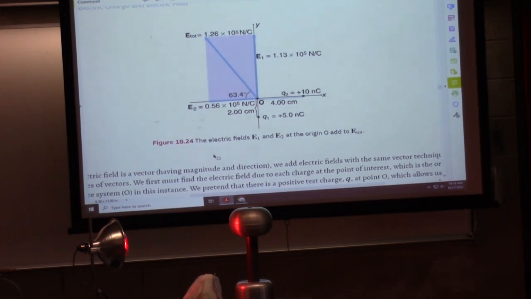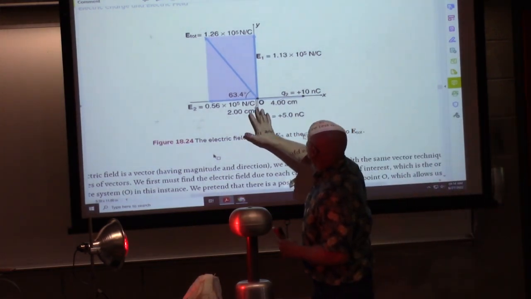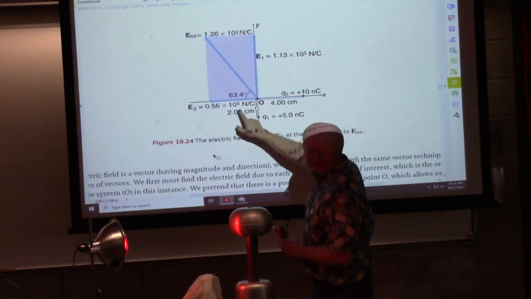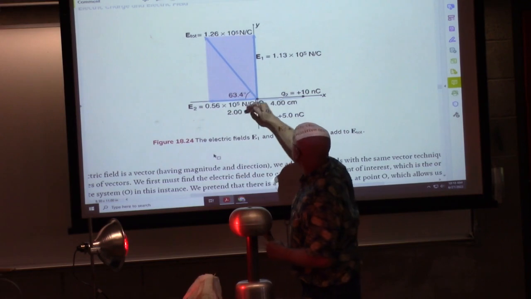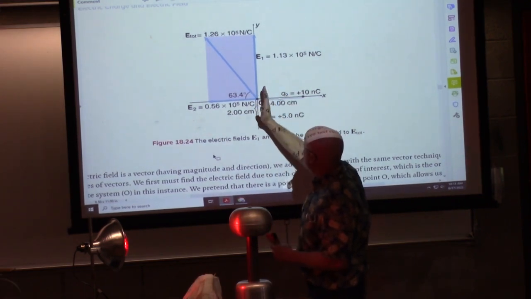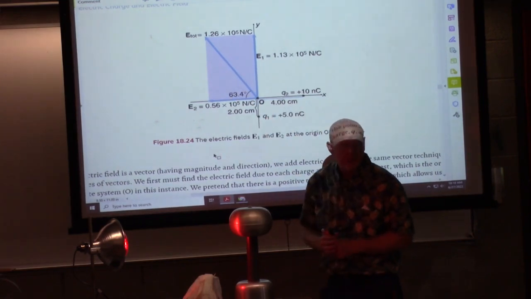What's the result? So take a look here maybe at this picture. Your author is trying to say that it looks like we've got electric field number 2 on the negative x-axis and electric field number 1 on the positive y-axis. And so this is the result.